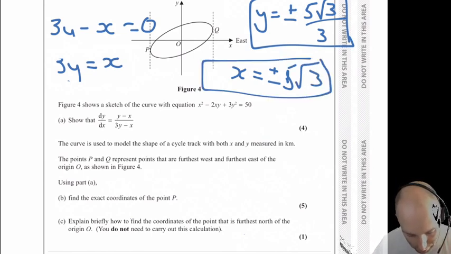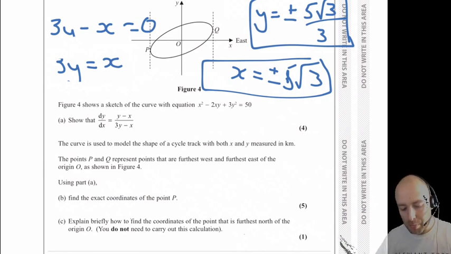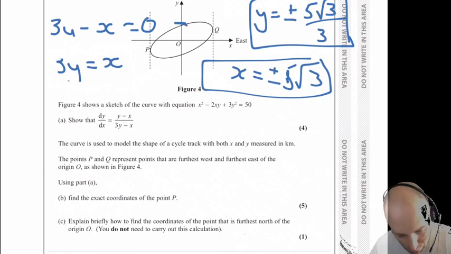Cool. Okay, explain briefly how to find the coordinates of the point that's furthest north of the origin. So to find that point there, wait, is that what we're doing? The point that is the furthest north of the origin.